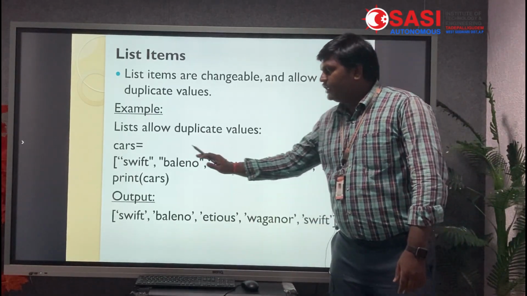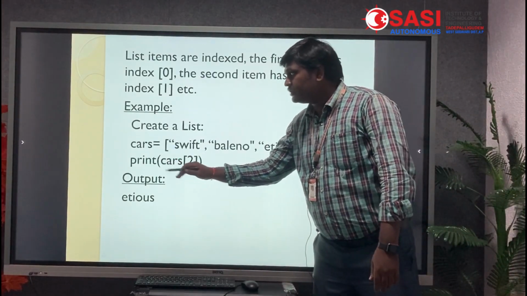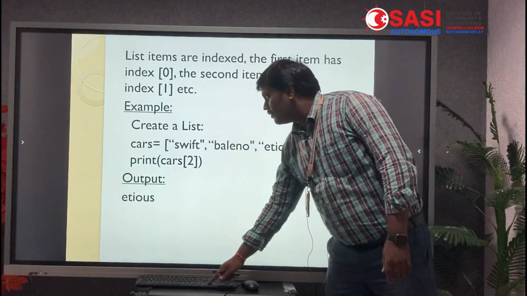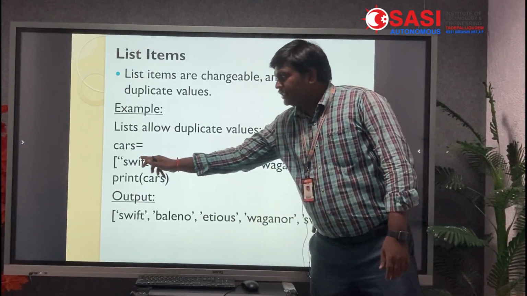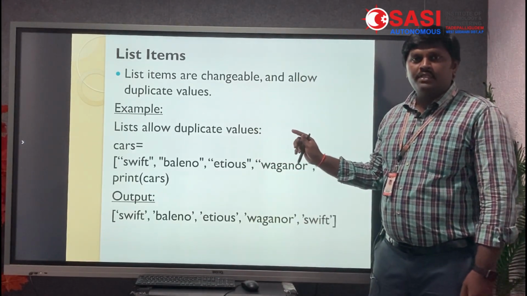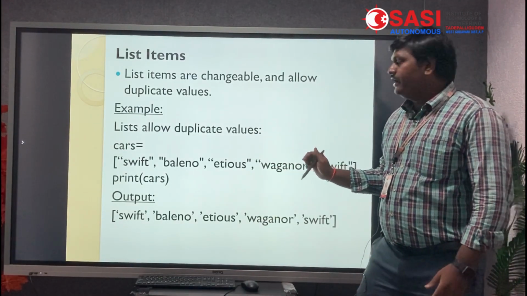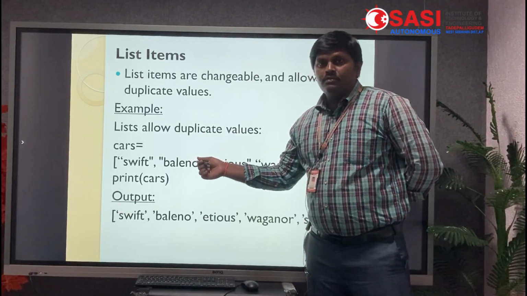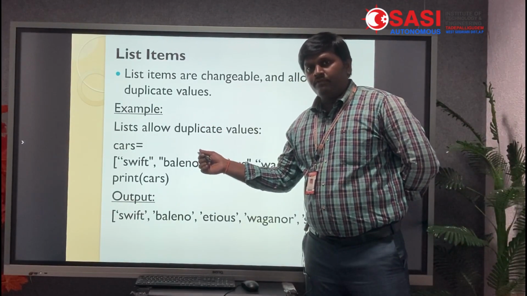These items are represented within the square brackets because list items are represented within square brackets only. Here the list allows duplicate values.